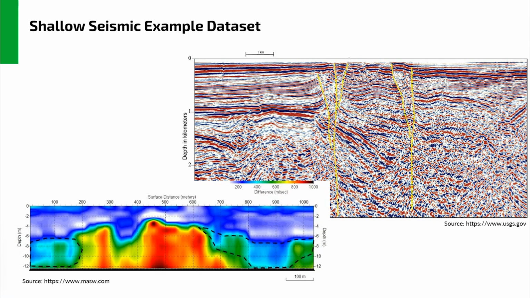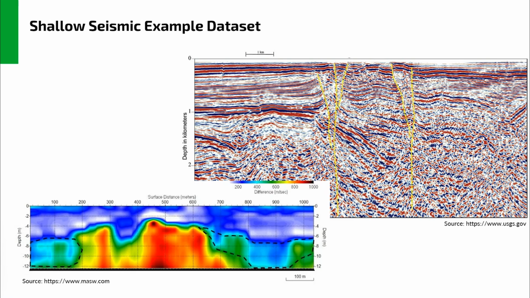Essentially, it's used for shallow investigations, most importantly for bedrock mapping and shear wave velocity calculations. It's typically used in the top 10, 15, 30 meters, depending on the project. And the example shows essentially an MASW cross section.